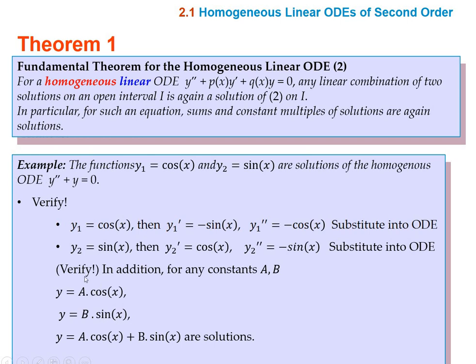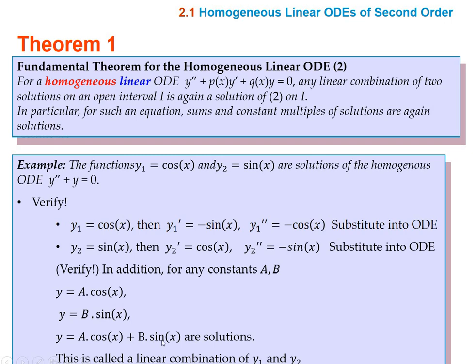Please, guys, try to verify those three by differentiating each one twice and plugging it in. You will find out that each one of those is a solution. And this is the concept of our theorem. Again, this theorem holds only for homogeneous and linear ODEs.